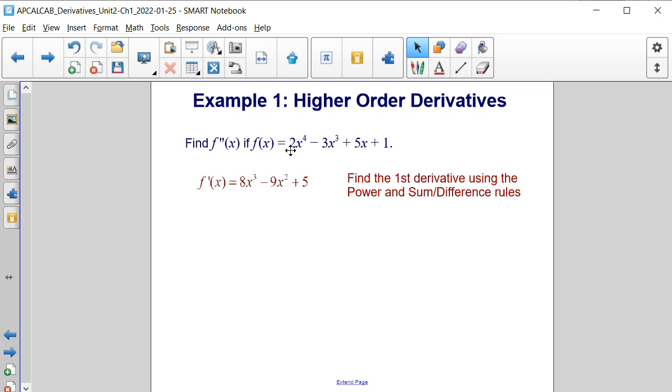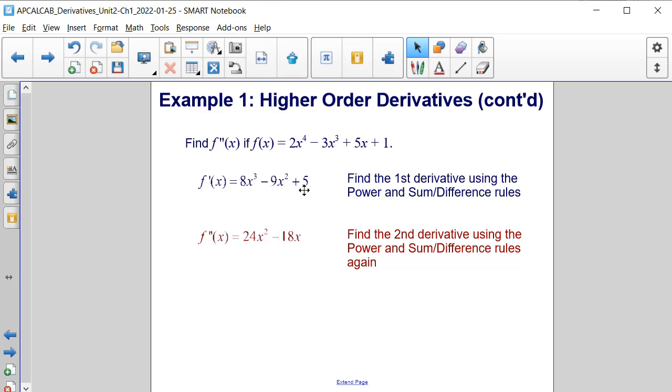It is equal to 2 times 4, which is 8, x raised to the third power, which is 1 less than 4, minus 3 times 3, which is 9, x to the second, because 2 is 1 less than 3, and then the exponent with 5x is 1, so 1 times 5 is 5, and we would be left with x to the 0, which is 1, and then the derivative of the constant 1 is 0.